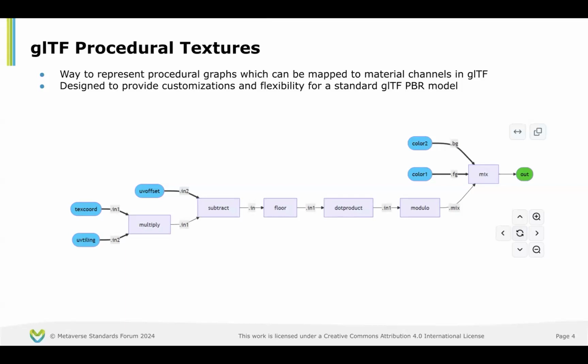It's a subset of MaterialX features. Everything you do with glTF procedural textures can be converted into a MaterialX representation and is supposed to behave the same way. It's not in reverse. We are not allowing the whole feature set of MaterialX to be expressed in glTF. But we have some discussions about the future evolution of this, so we are open to possible use cases. I will touch on this a little bit later in the following slides.